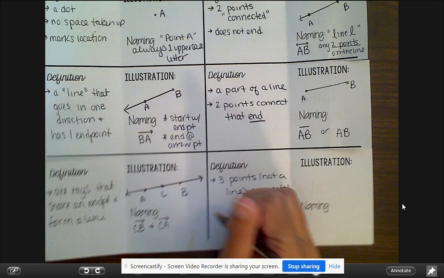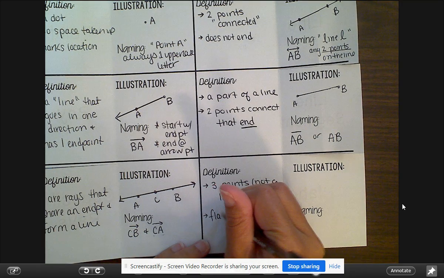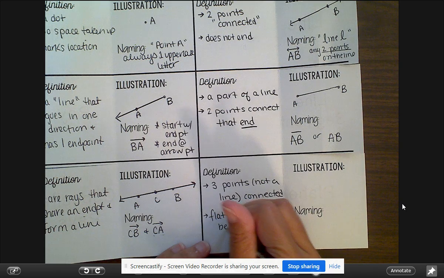And the plane part of it is all of the flat space in between. So the plane is the flat space in between.